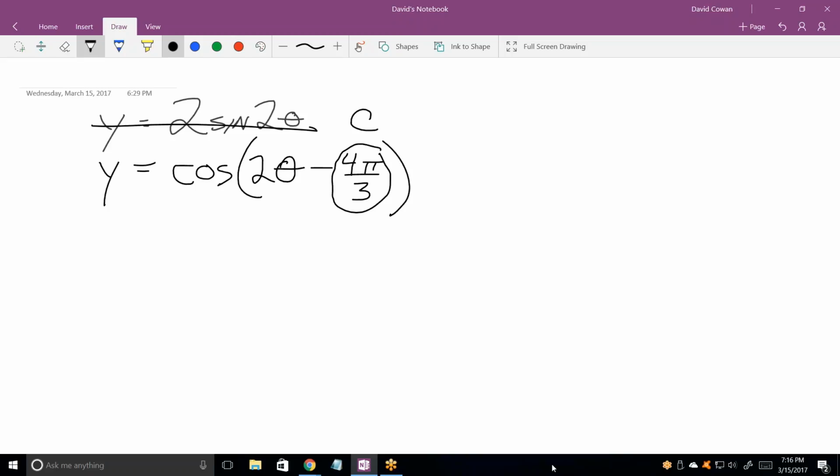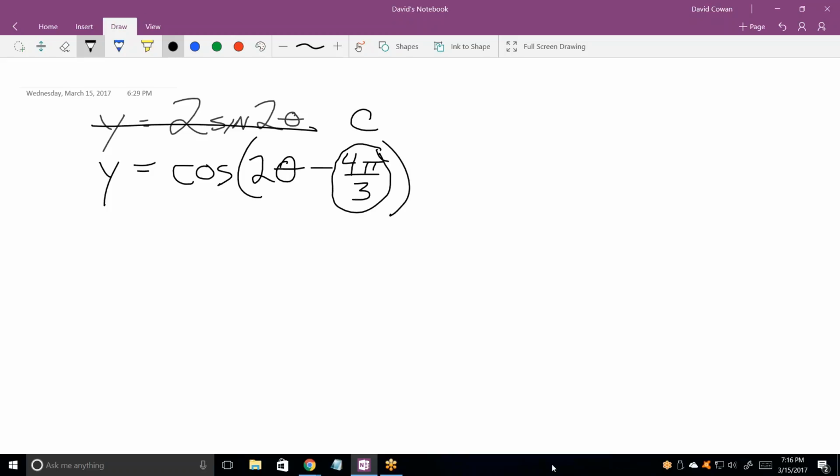This C value is not the phase shift if there's a number in front of theta inside the parentheses. B is still 2, whether it's inside or outside the parentheses, but the phase shift is different.